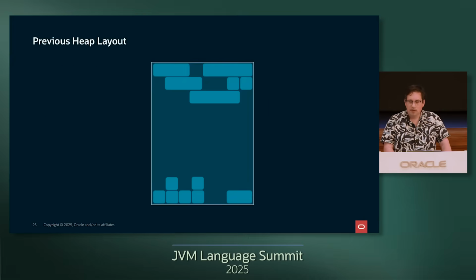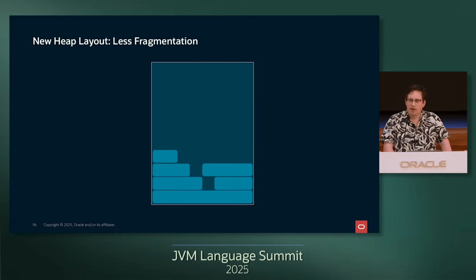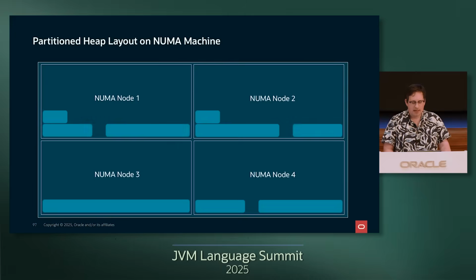And comparing how fragmentation might have looked before, a heap might have looked something like this, but with this new mechanism, it might look a bit more like this, with a lot less fragmentation. One of the things we had to deal with in this transition is how to manage memory when you have multiple NUMA nodes.